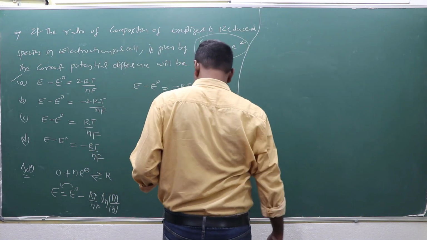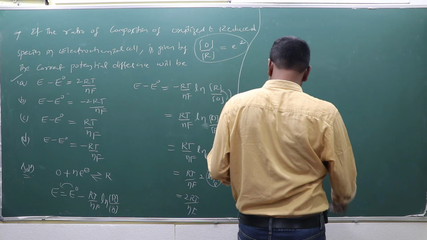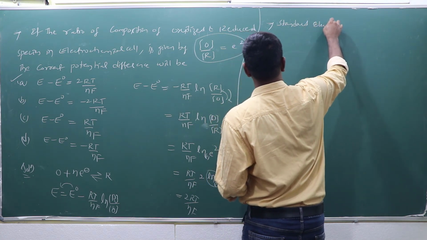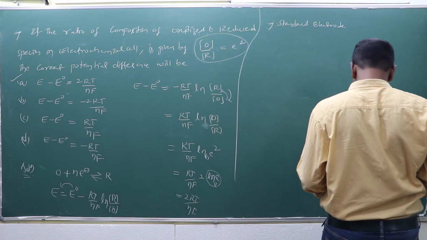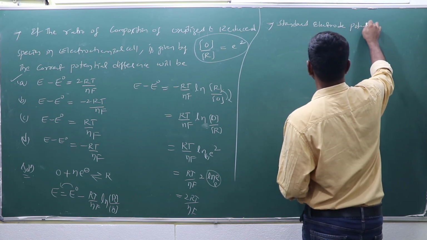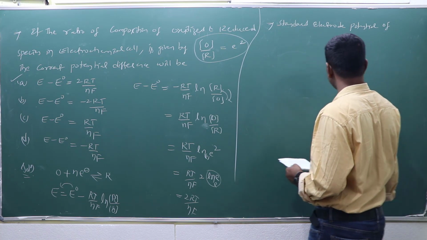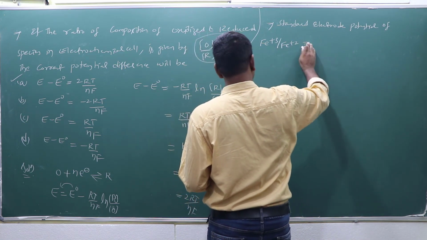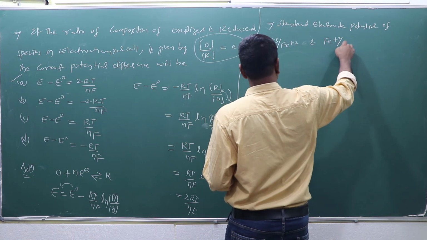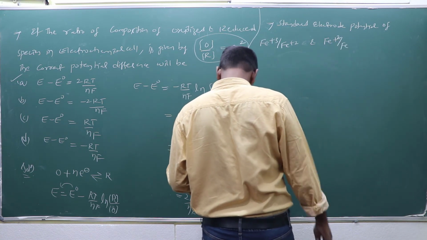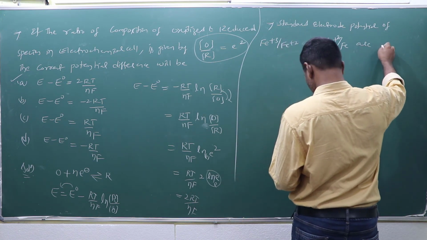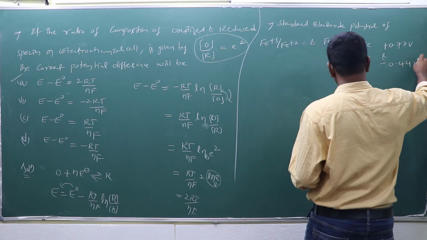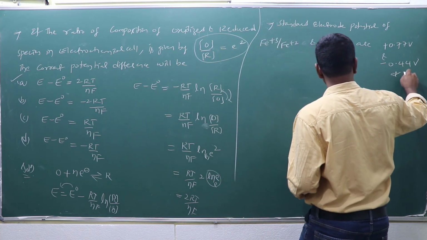The standard electrode potentials of Fe plus 3 by Fe plus 2 and Fe plus 2 by Fe are plus 0.77 volt and minus 0.44 volts respectively at 300 Kelvin.